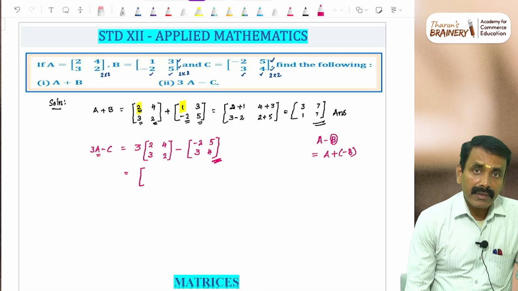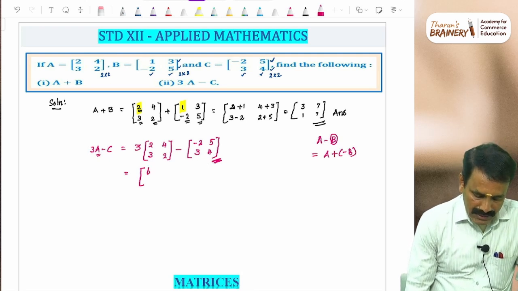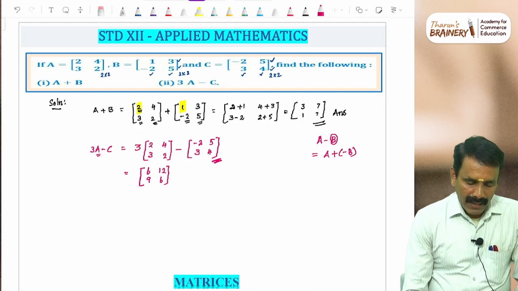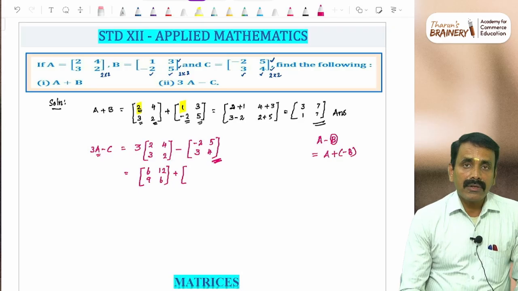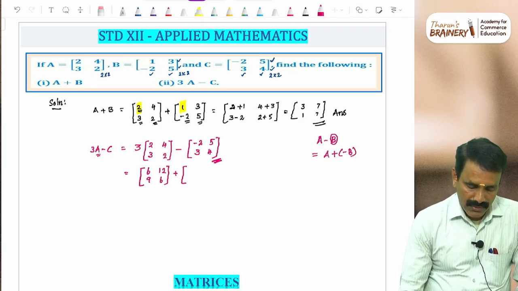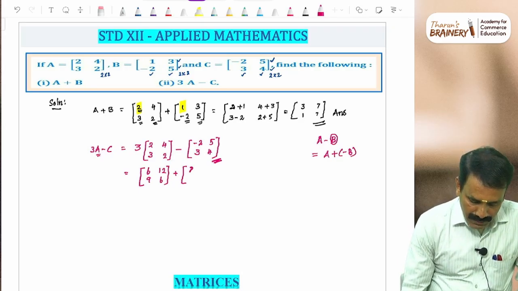We have to multiply the scalar to all the elements. So, 3 2s are 6, 3 4s are 12, 3 3s are 9, 3 2s are 6. I multiplied and I changed this minus to plus, by which the second matrix is converted to the negative matrix of itself. So, minus of minus 2 is plus 2, this is minus 5, this is minus 3, this is minus 4.